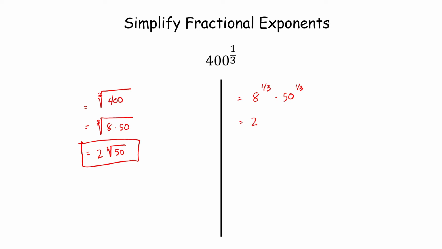That's the cube root of 8. Or if you want it to be really clear, we can express that as 2 raised to 3, and then we multiply that by 1/3. So that gives us 2. And then 50 raised to 1/3 is just equal to the cube root of 50.